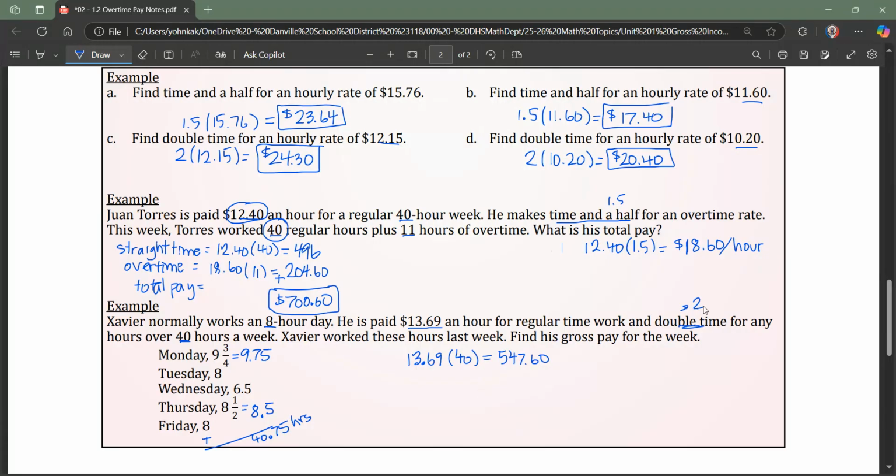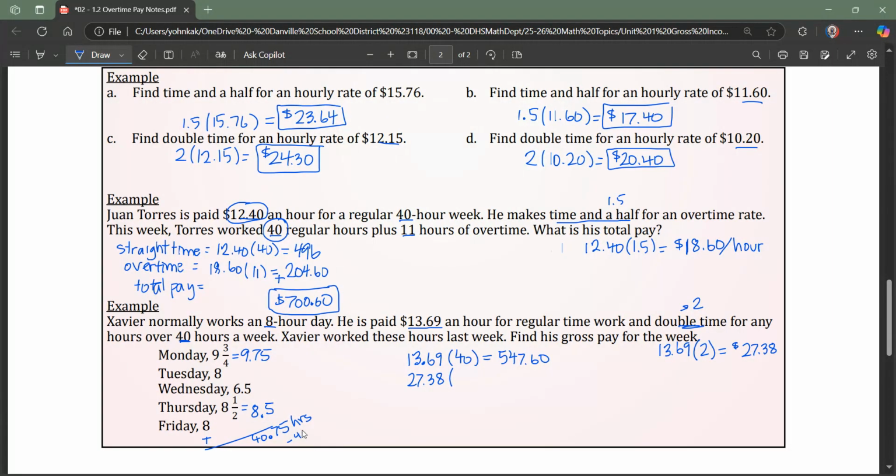Now let's look at his overtime. Well, his overtime is double time. So that means we're going to take his regular pay, which is $13.69, and multiply by 2. So his overtime rate is going to be $27.38 an hour. So we're going to take that $27.38 an hour, and multiply by how many hours he worked at that rate. Well, he worked a total of 40.75 hours.